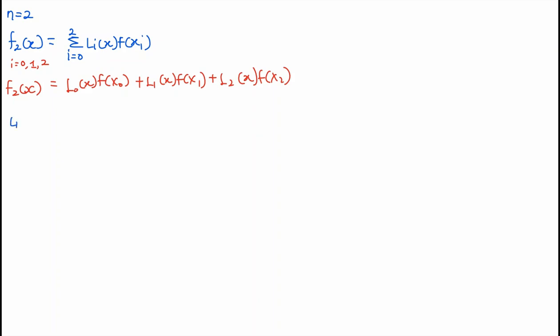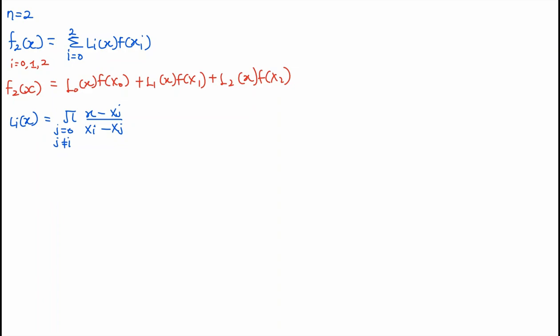So let's write the general formula for Li of x. We are going to have Li of x equal to the product of x minus xj over xi minus xj, where j starts from 0, j must not be equal to i, and j ends at n, and our n in this case is 2.